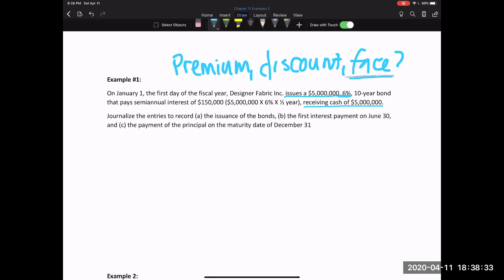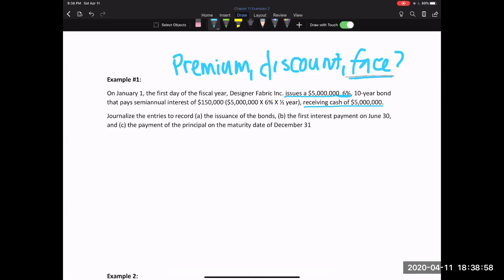That just means that whatever was in the market was also the same amount that we were offering it for, like the interest rate, right? So now it's up to the investor to decide which company they enjoy, or which has a better reputation, things of that nature. It comes down to personal preference.